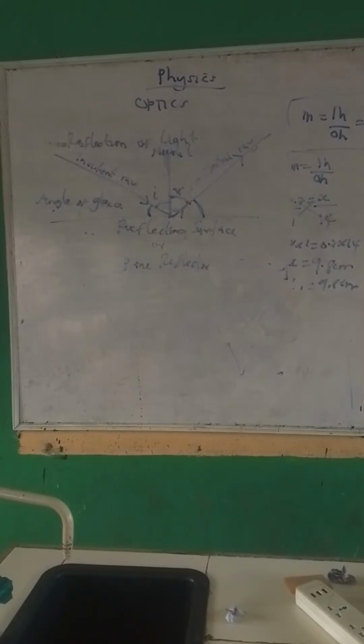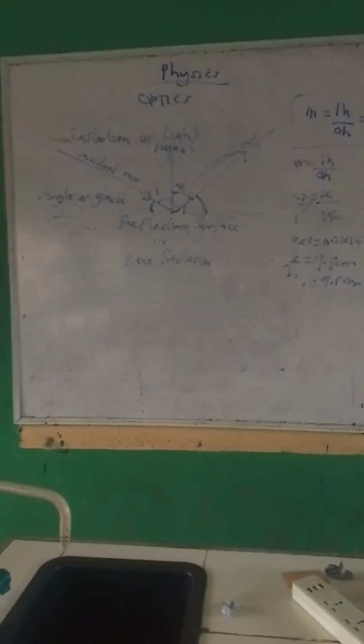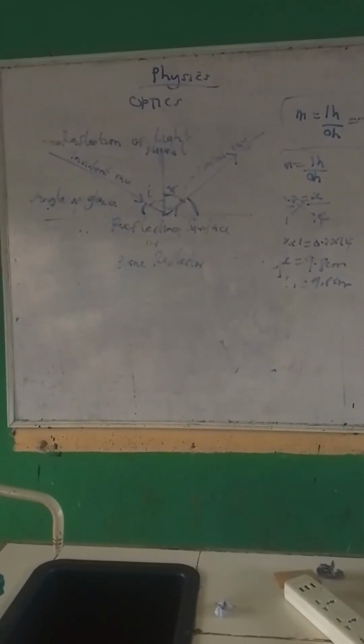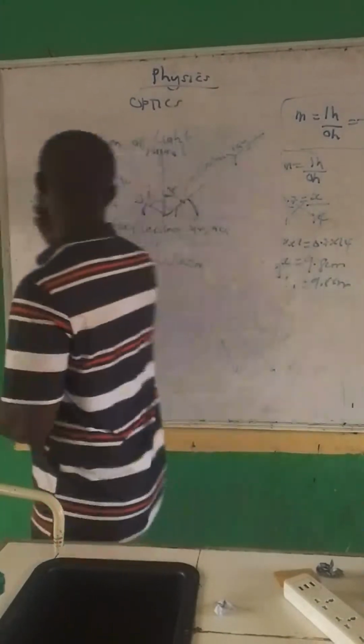Now, the second law of reflection states that the angle of incidence is always equal to the angle of reflection. That is what the law states, okay?